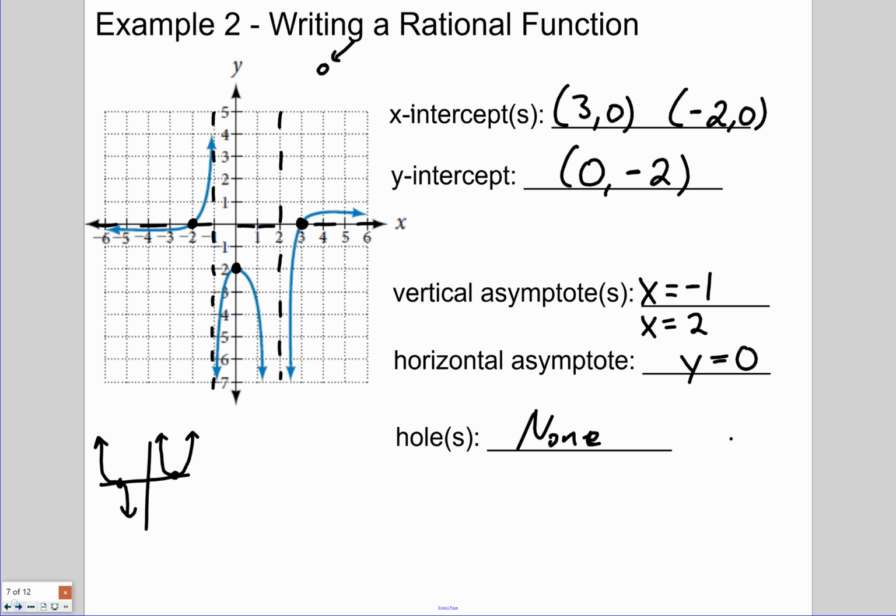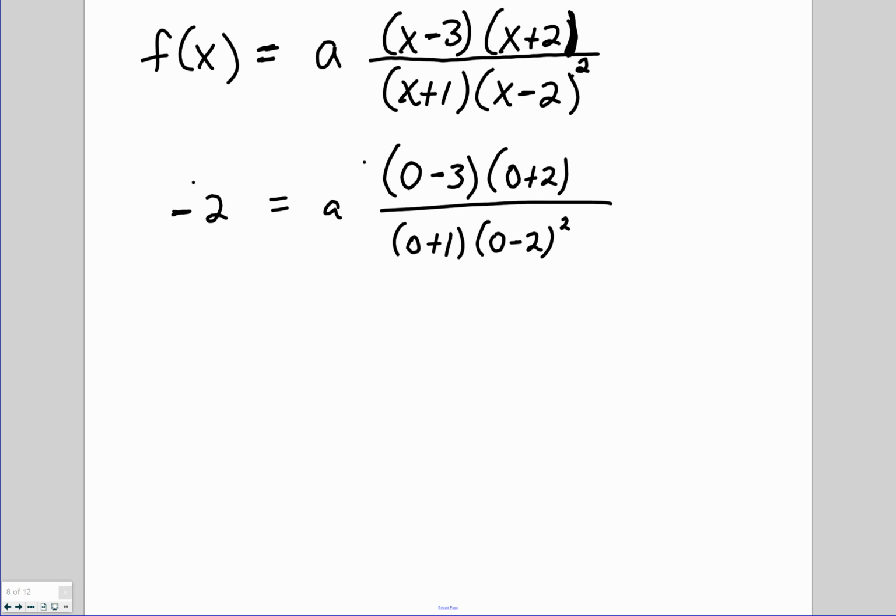It was -2. All right, let's do a little bit of math. What's 0 minus 3? -3. 0 plus 2. Multiply, you get -6 over 0 plus 1, 0 minus 2 squared. 4 times 1 is 4, equal to -2.